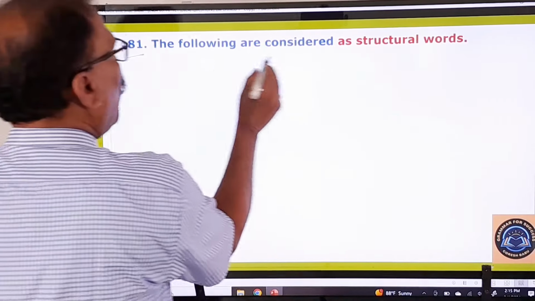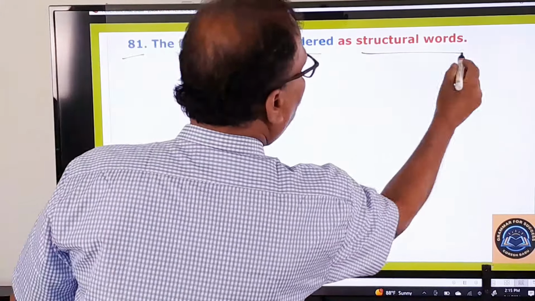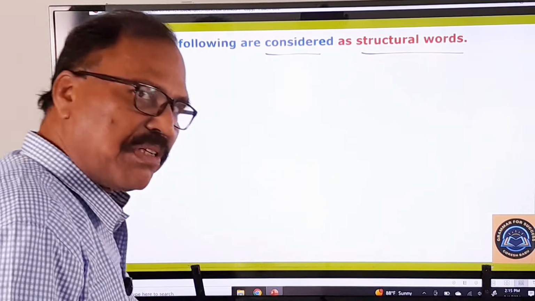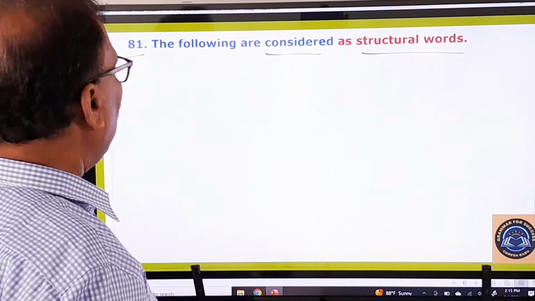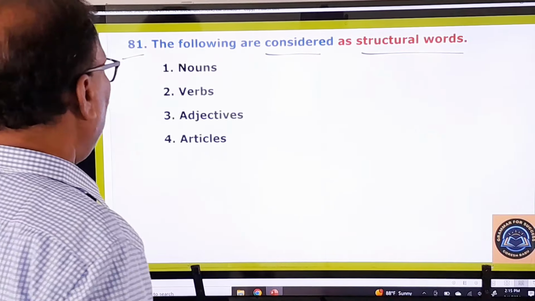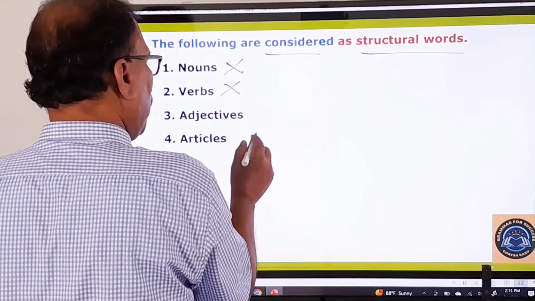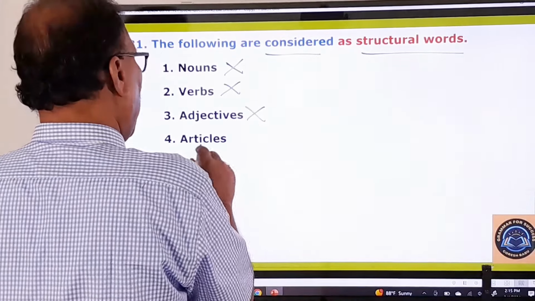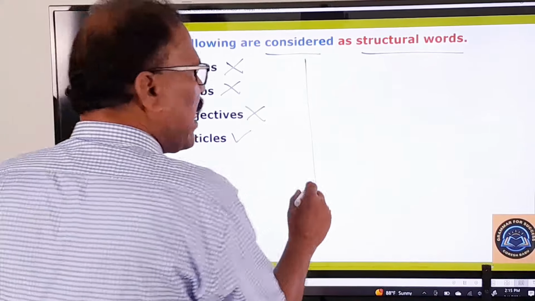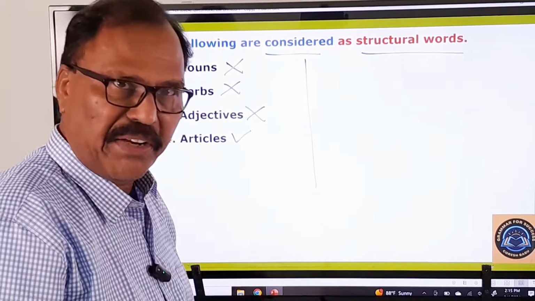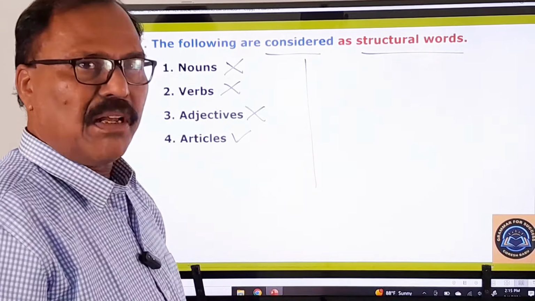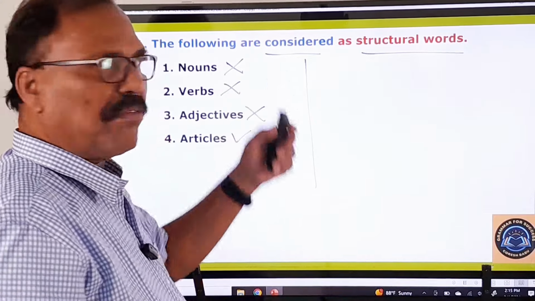81st question. The following are considered as structural words. Structure words or structural words. Okay, what are they? Here you pay attention. Nouns, they are not structure words. Verbs, they are not structure words. Adjectives, not structure words. And articles, this is only there. So once again, for your convenience, for your benefit, I would like to mention the kinds of words on the board.